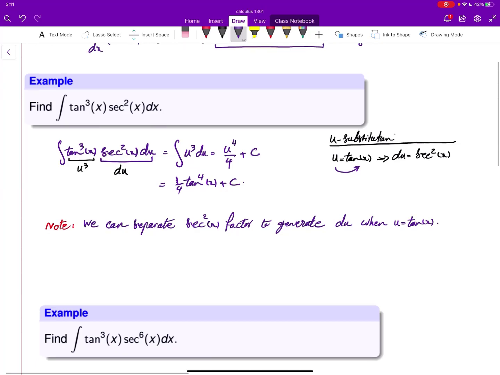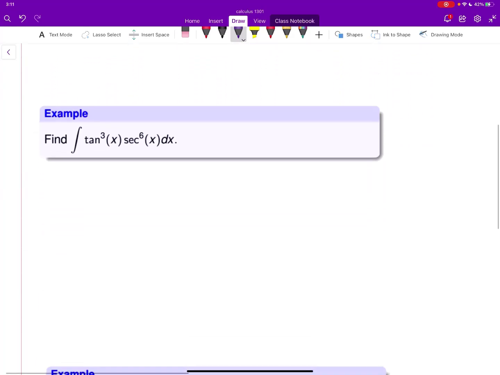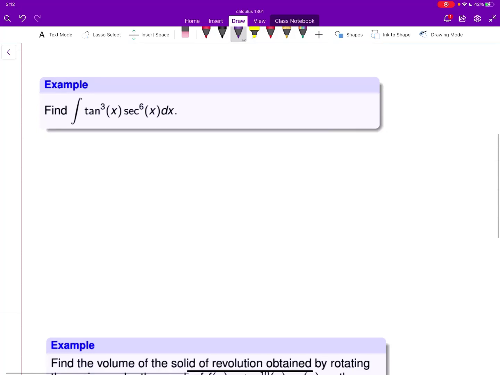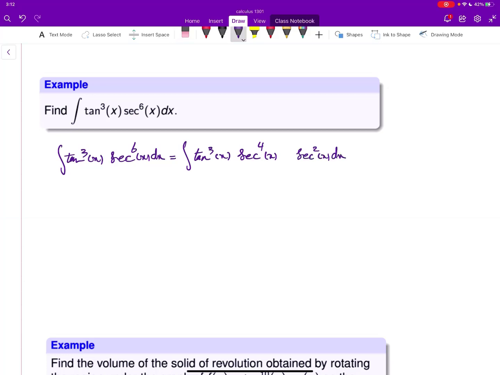Okay, let's do the second example here. So we will go exactly the same way. Yes, tan to the power 3x secant to the power 6x dx. What I do here is that, okay, first take out two powers of secant and write it separately.